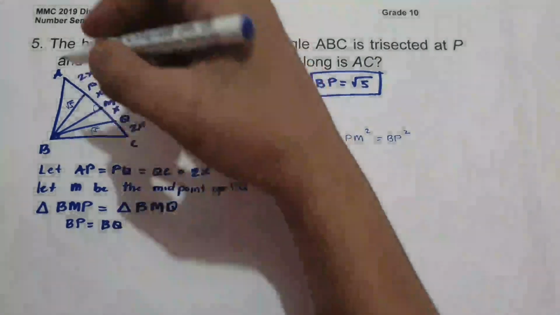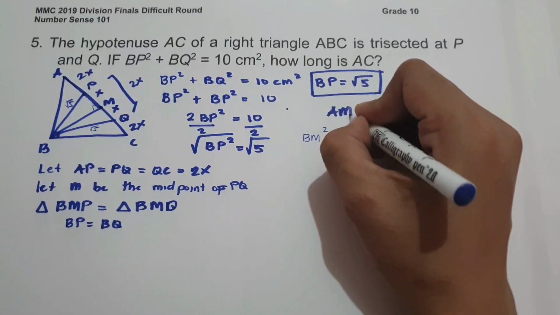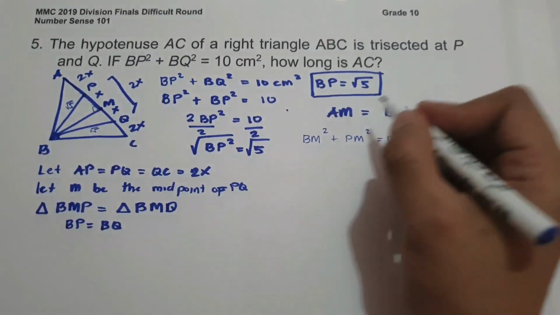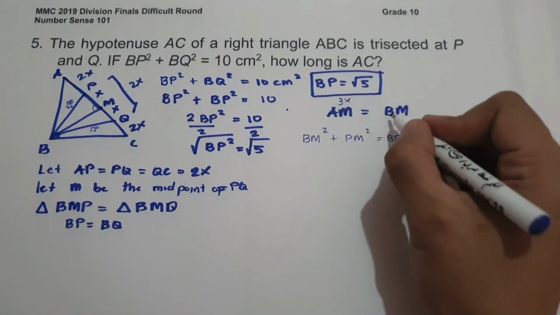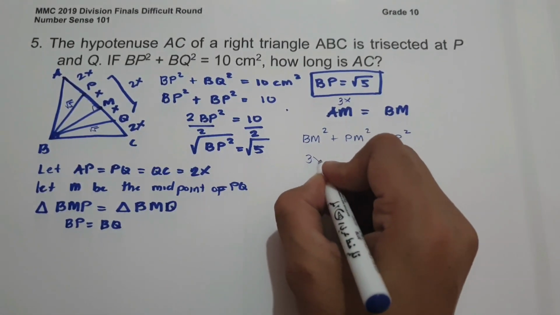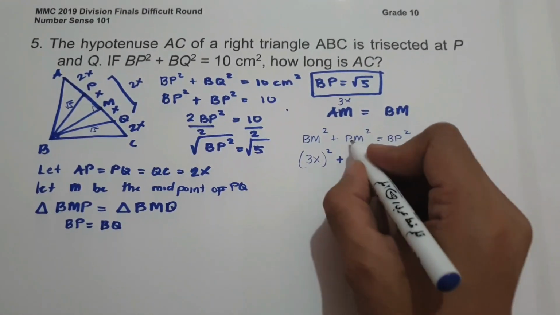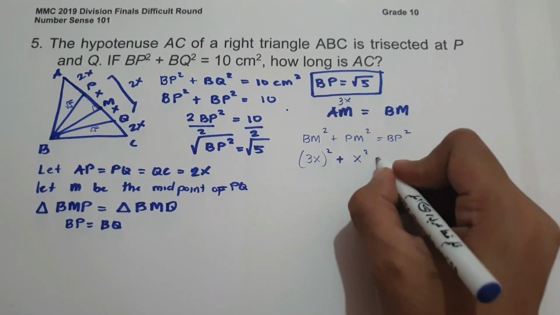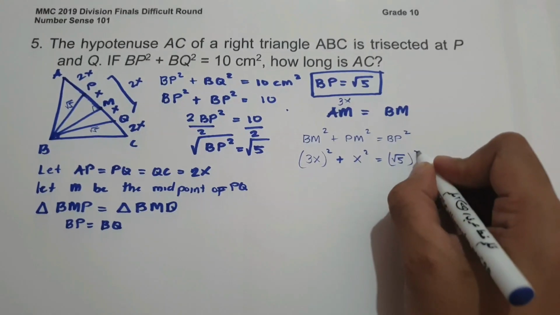And since AM is equivalent to BM, AM, that is 3x. So therefore, BM is also 3x. So let us have here 3x squared plus PM, that is x, and then BP squared, that is square root of 5 squared.